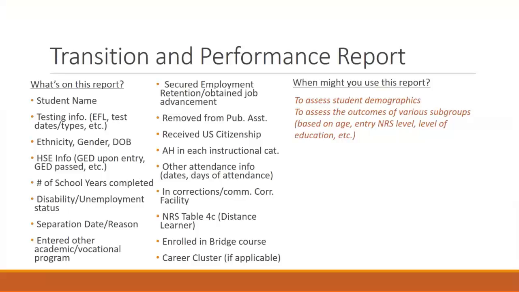And it's helpful because it allows you to play around with it, assess the outcomes of various subgroups. So you can look at different age groups, different NRS entry levels, etc., and see how those outcomes might vary across those subgroups. And it's also just a good way to get a snapshot of what your NRS report is going to look like based on your current data.